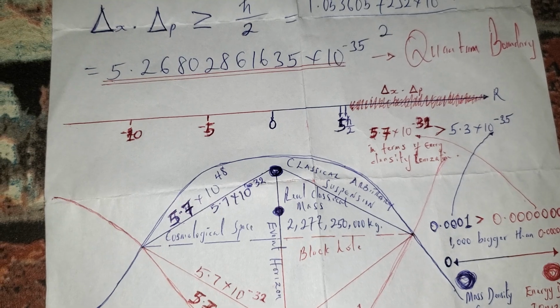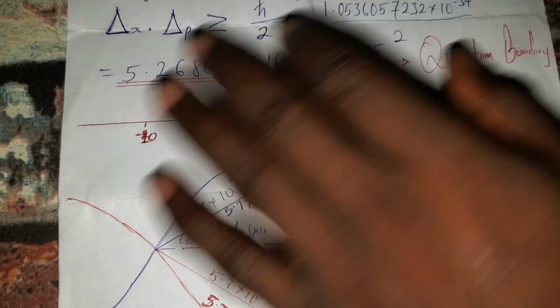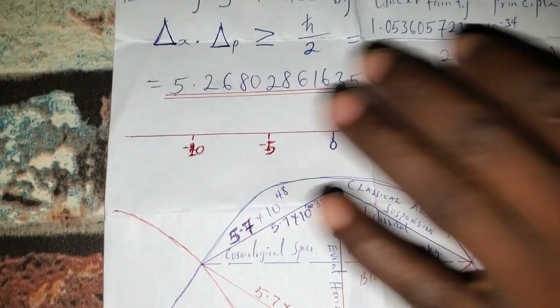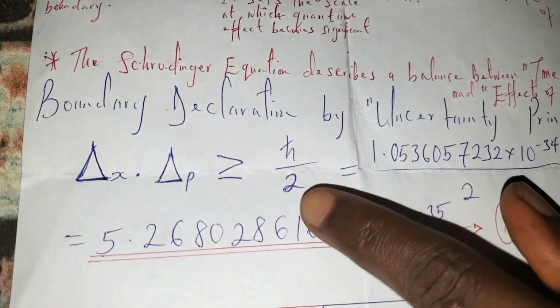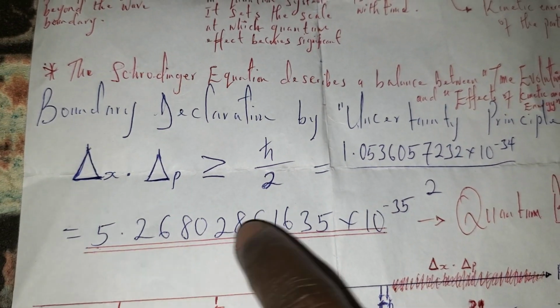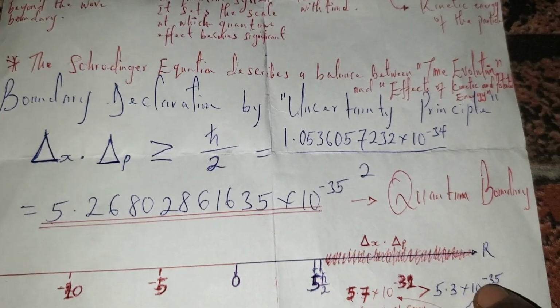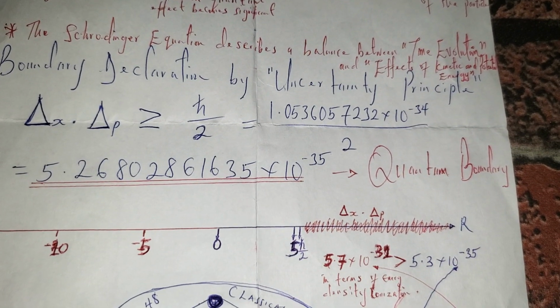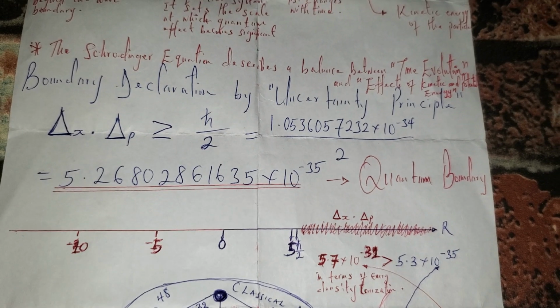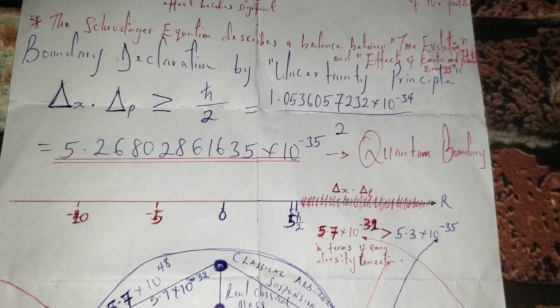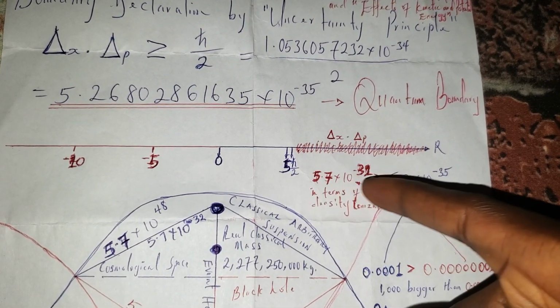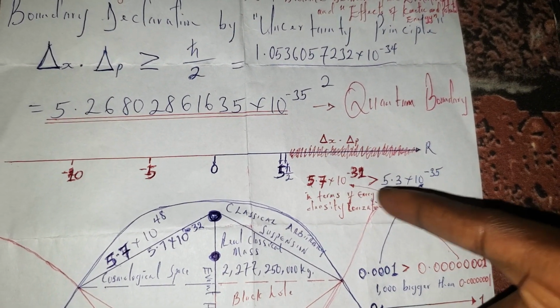So now that we have the boundary, when we divide this h bar by 2, it's going to be this value, and that is what we have right here. Now the value that we have, the quantum arbitrary suspension that we have is this value, and you can see that is greater than this value.